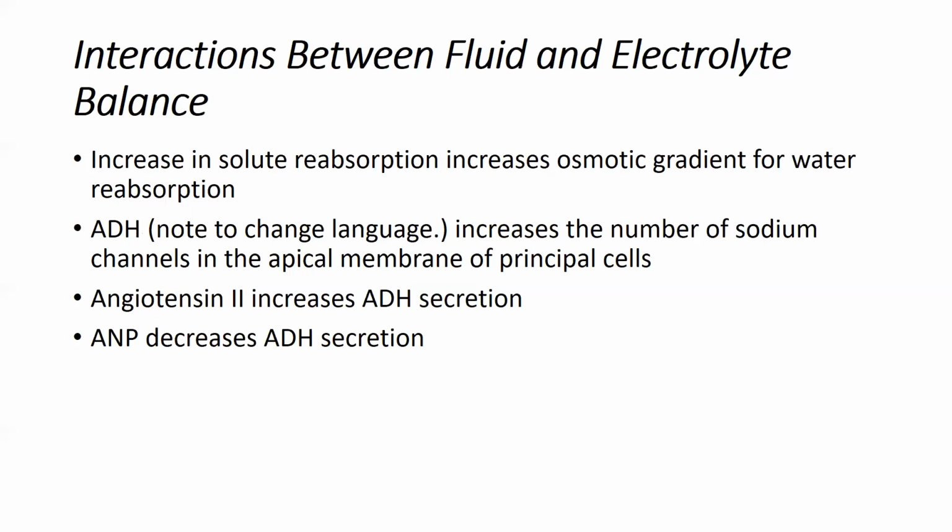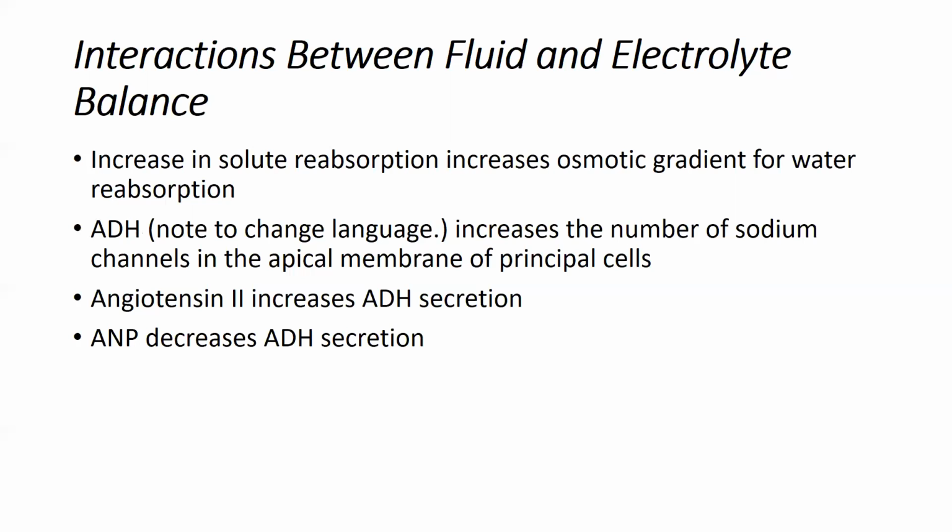And then finally, ANP decreases ADH secretion. We talked about ANP and ADH and how they were sort of antagonistic of each other. Right? ANP being the atrial natriuretic peptide we talked about. Anyone remember the job of ANP? Correct.